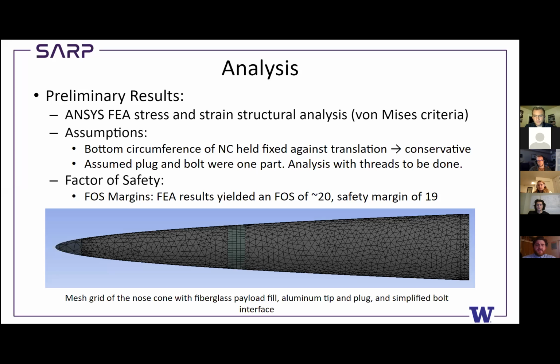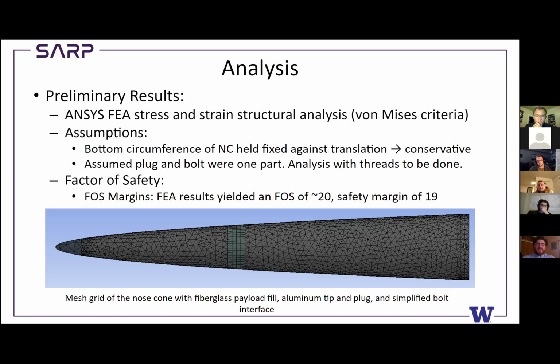We did some analysis on the shock forces using the von Mises criteria, which is less conservative, but which is good in our case because it allows us to design a lighter part, so we're not over-designing. Some of the assumptions we made during our Ansys FEA stress analysis: we assumed that the plug and bolts were one part.